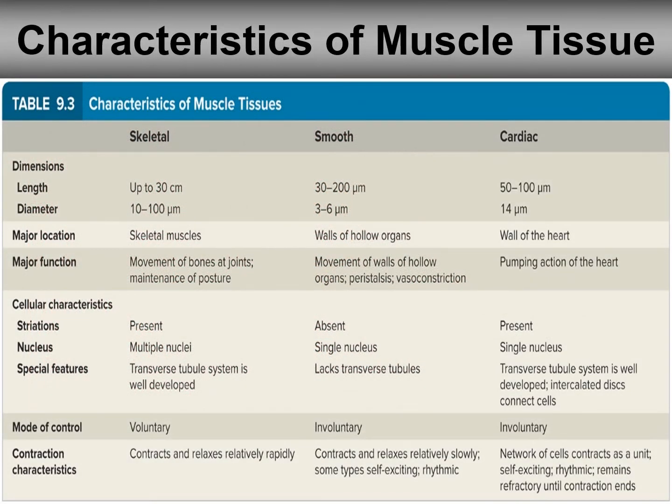Our last slide is a summary of the three types of muscle tissue: skeletal, smooth, and cardiac. This is just a really nice summary table to look at if you're interested in seeing what the major functional differences are. This, of course, is listed here, as are some of the cellular characteristics that make skeletal, say, unique from smooth, which is different from cardiac.